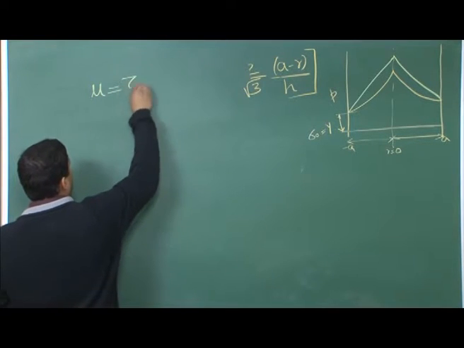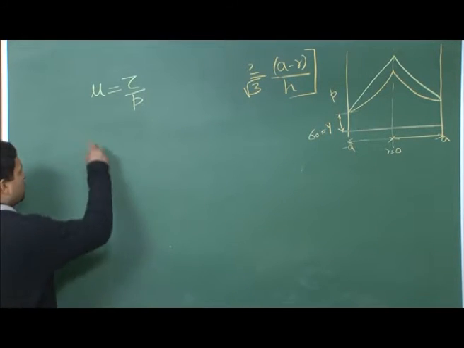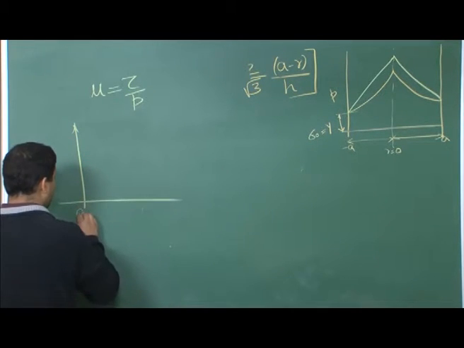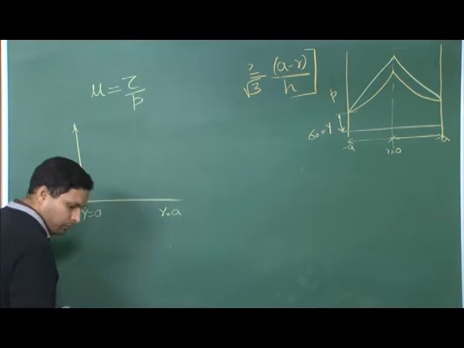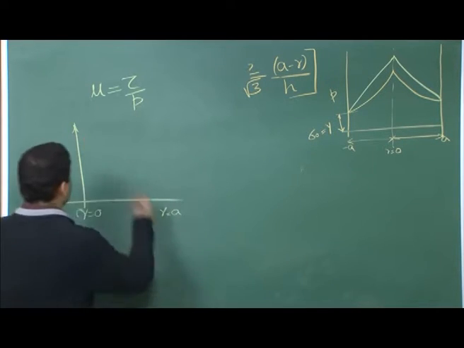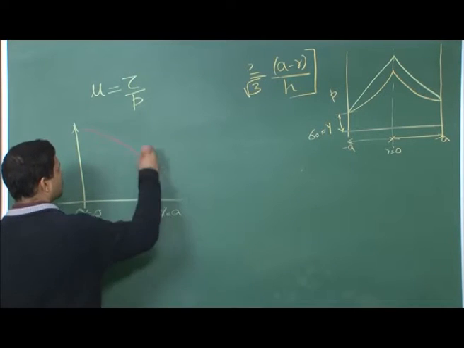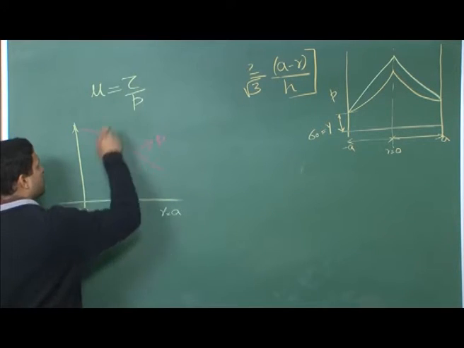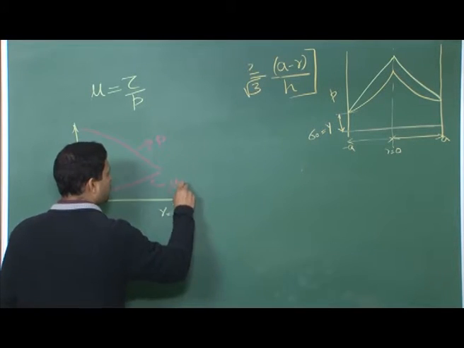Mu is defined as tau over P. Now if tau is the shear stress acting on the interface and it remains constant, but our P we have seen is varying like this, so let us say from r equal to 0 to r equal to a, our P is varying something like this. So this is our P. If P is changing like this and if tau remains constant, it would imply that mu has to increase. So this is mu.